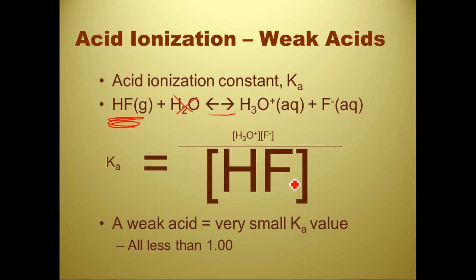Matter of fact, a general statement that we can make is that all weak acids have Ka values less than 1.00. Let's see, typical question: which one of these is a weak acid?